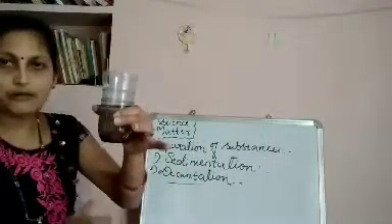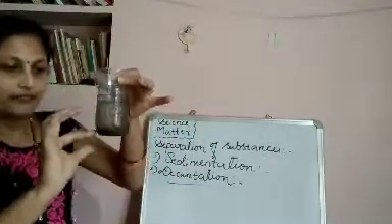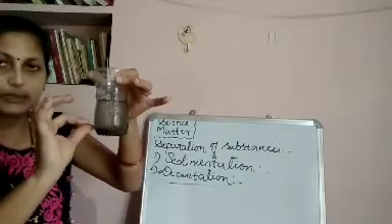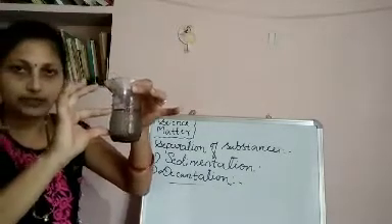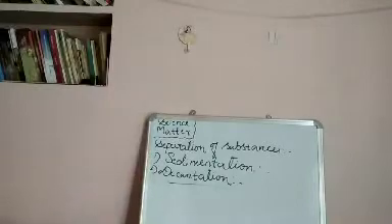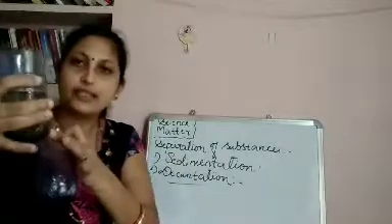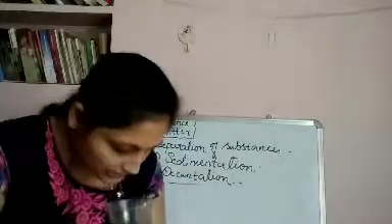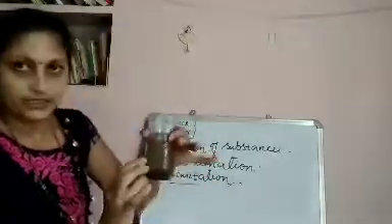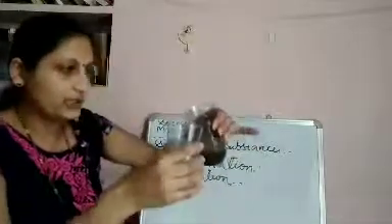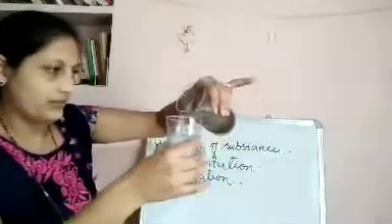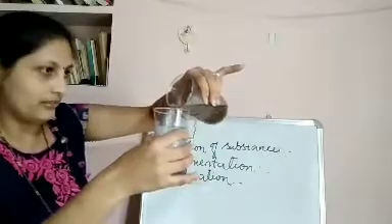Here all the impurities settle down, and above this sediment, you can see clear water, isn't it? You can pour this clear water without disturbing the sediment, into another container, like this.